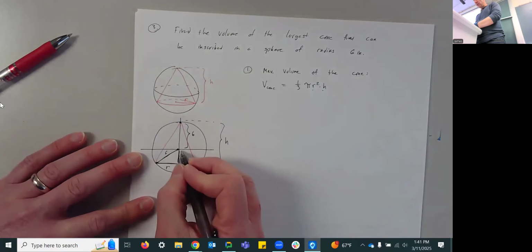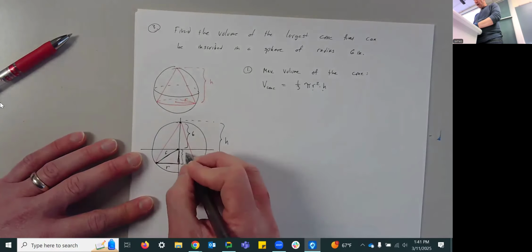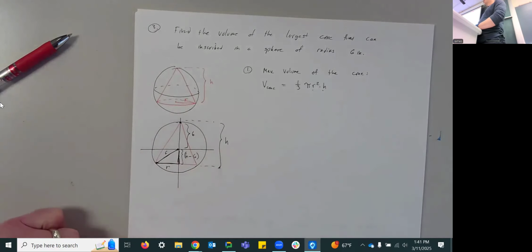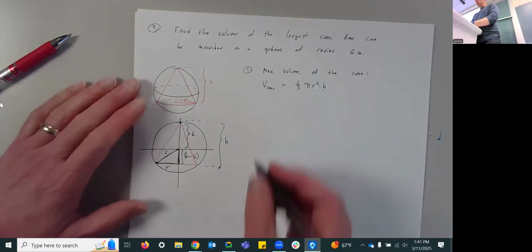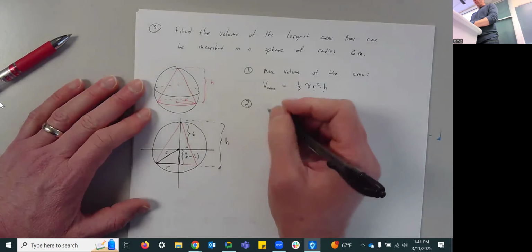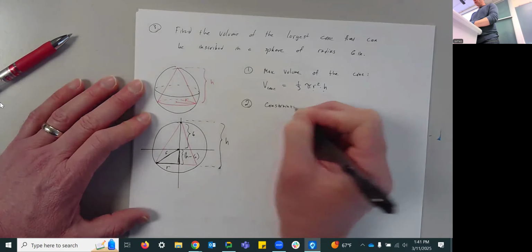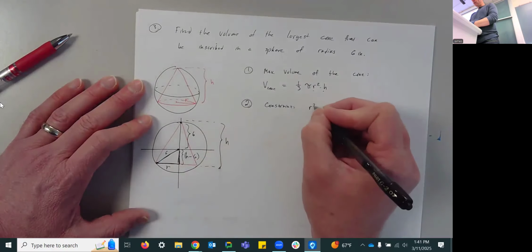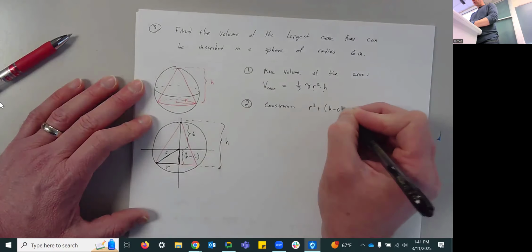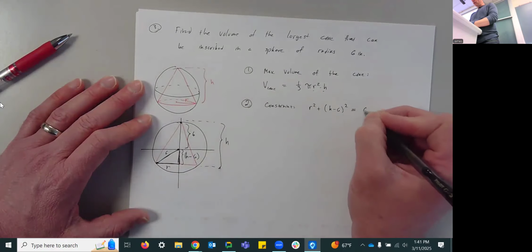So it looks like this length here is the height minus 6. And now I have a right triangle and I can make an equation relating the radius and the height. So my constraint here, which is a little bit weird to come by, is that your radius squared plus h minus 6 squared is equal to 6 squared.